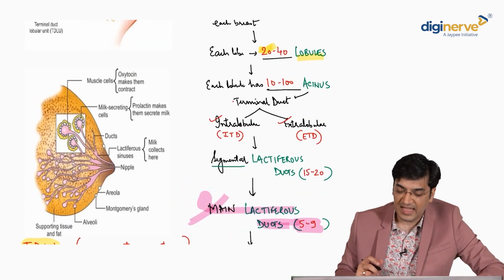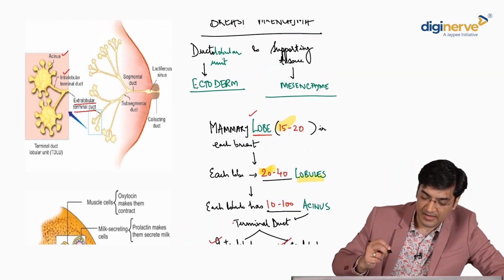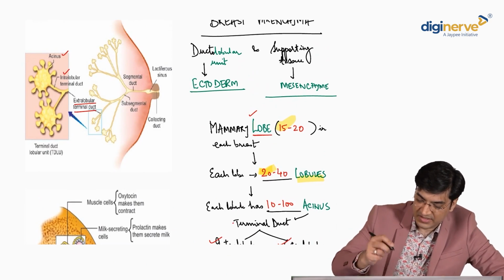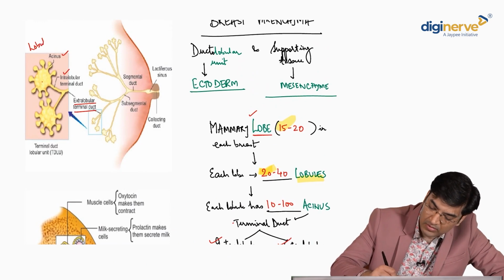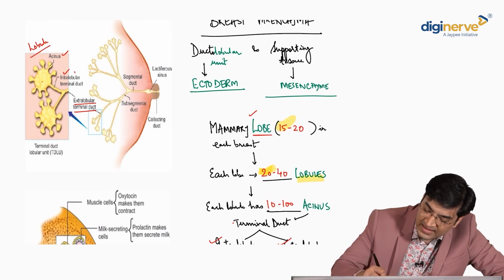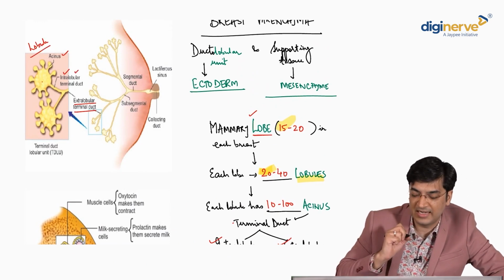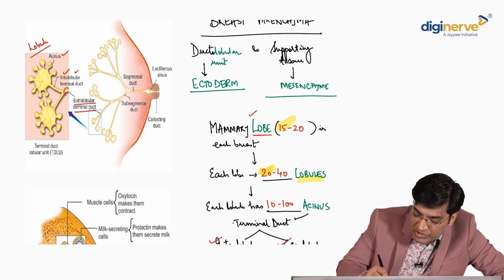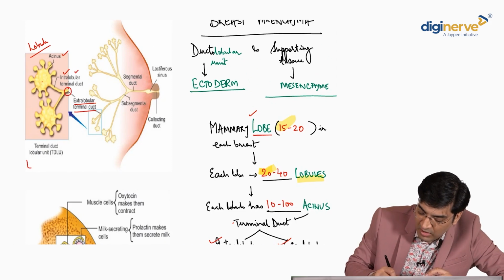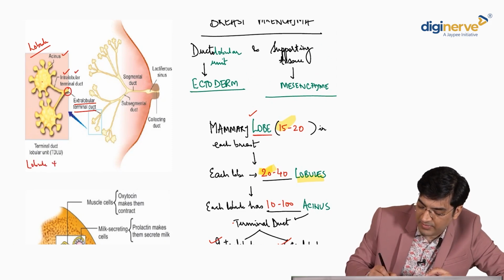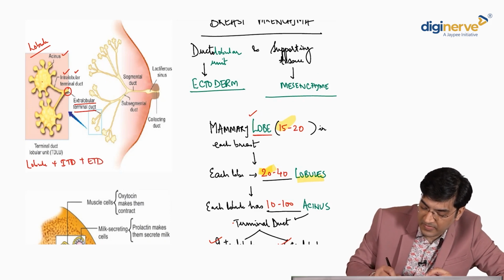Now, we saw in this image here that first was this entire lobule, plus we had the intralobular terminal duct and this portion of the extralobular terminal duct. So this would be lobule plus ITD plus ETD.